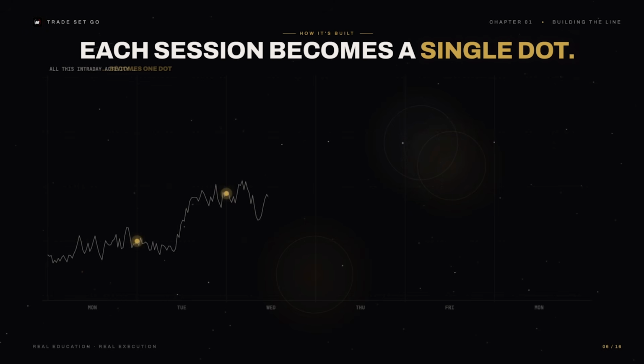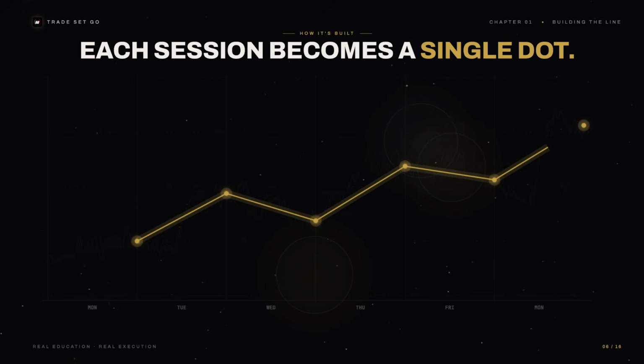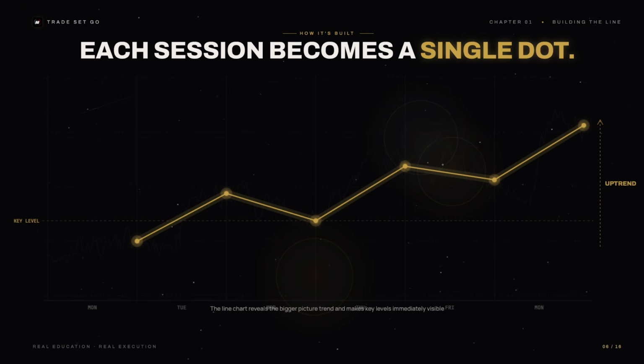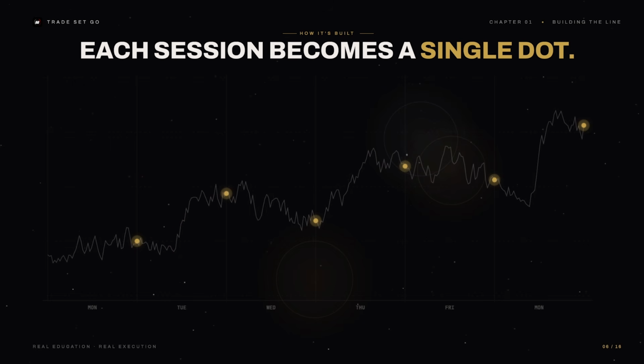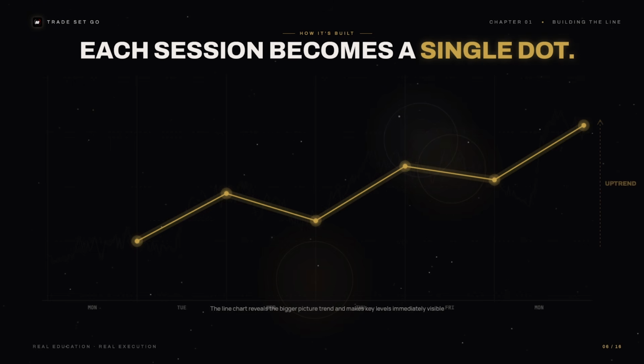Now, the magic happens because within a line chart, every single day can become a dot. Every single week becomes a dot. And every single month becomes a dot. As you can see in the chart, multiple closes, and if you put a line through them, it will give you the actual movement of the asset.